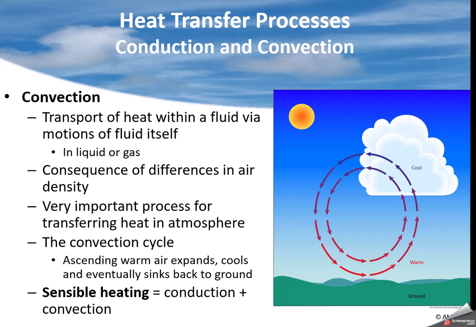Eventually, it gets cool enough, it comes back down. It literally makes a big circle. So all we have done is transport heat from the surface of the ground up into the air, some height, and then back down to the ground again. So we're completing a loop where we're transporting heat upwards, bringing cooler air downwards. So that is convection. It happens on a small scale, like you see in a cumulus cloud. It can happen on a much bigger scale.